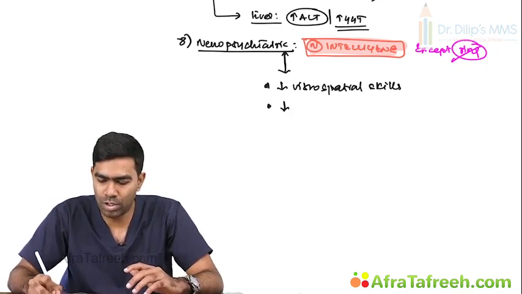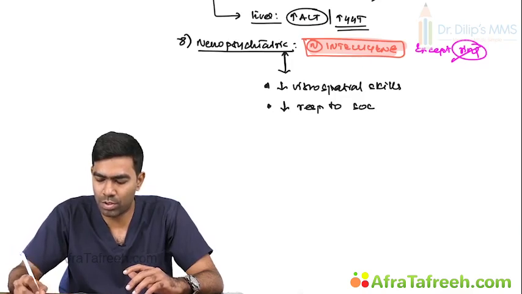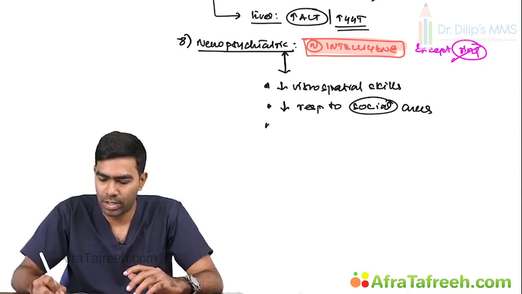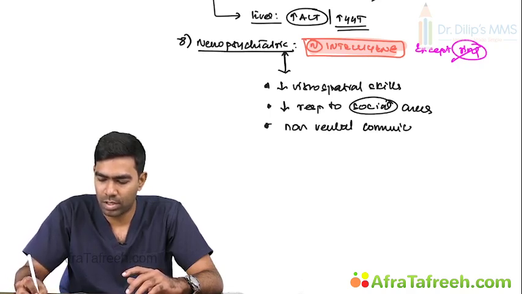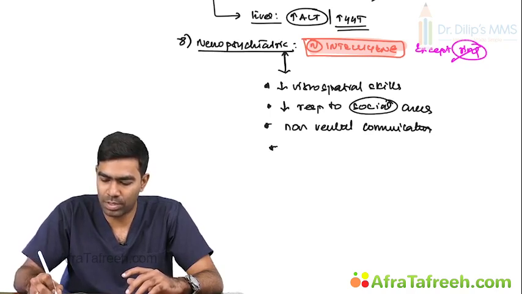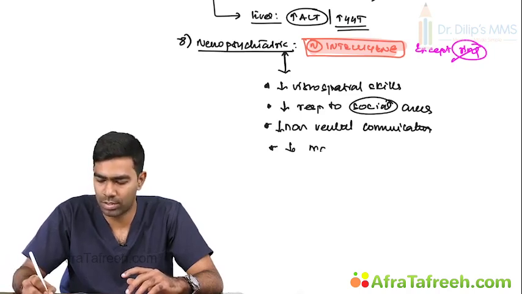And they have reduced response to social cues. They have some problems responding to various social cues, and some problems with non-verbal communication. And they have some problems with mathematical skills, and they suffer a lot in calculations, mathematics.